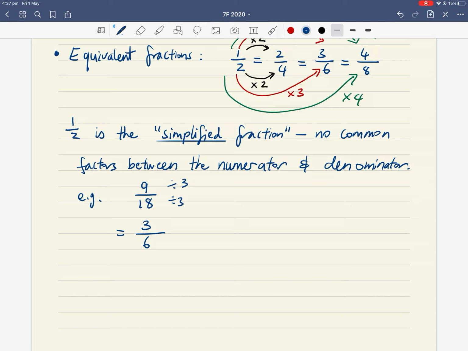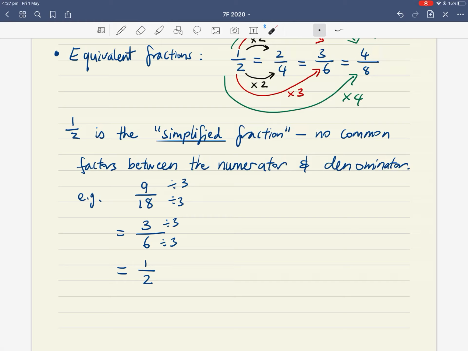And then you ask yourself, is 3 out of 6 a simplified fraction? Are there any common factors between the top and the bottom number? Can you divide any further? 3 is divisible by 3, and 6 is also divisible by 3. So really, 9 over 18 is the same as 1/2. So what that means is, if you cut one whole pizza into 18 slices and take 9 out of those slices, you get essentially half a pizza.